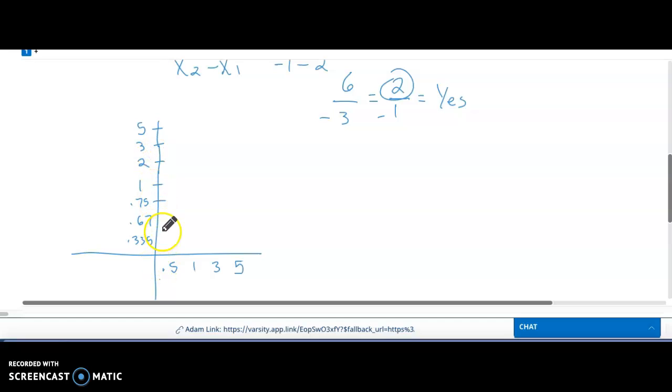Okay. So when we graph this, we got 0.5 with 0.33, so that's right here. 1 with 0.67, 3 with 2, and then 5 is 3.